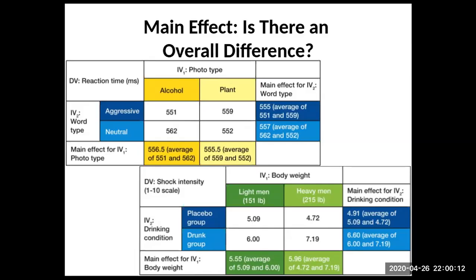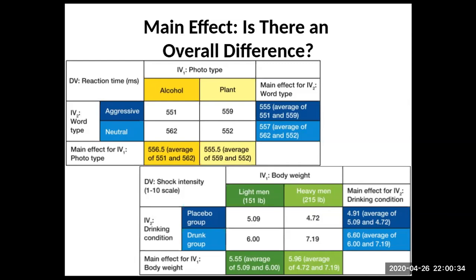So in this case, IV1 is phototype and IV2 is word type. If we're looking for a main effect of phototype, it's almost like word type isn't even there. If we're looking at the main effect for word type, it's almost like phototype isn't even there, because again, we're only looking at one level over the other.